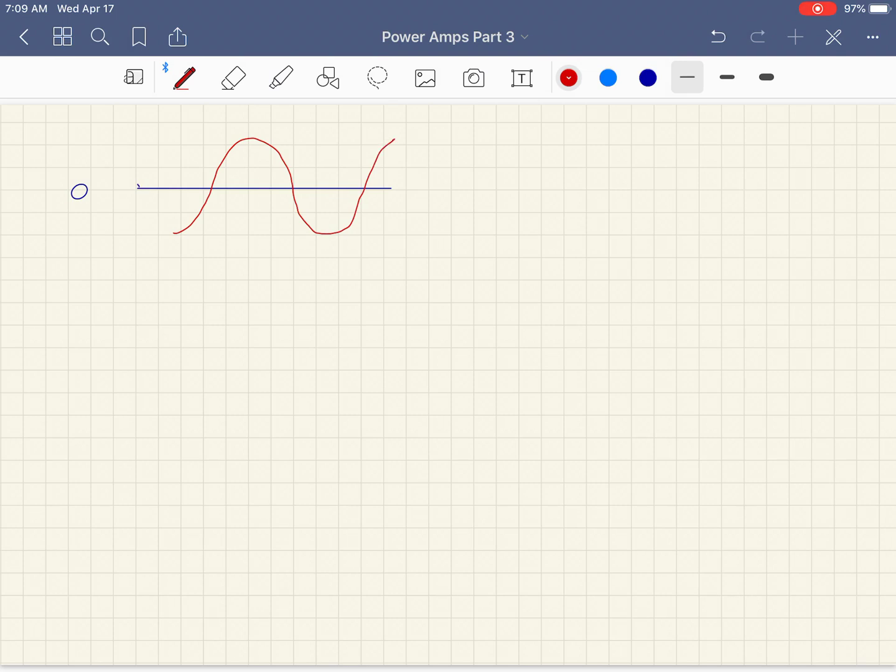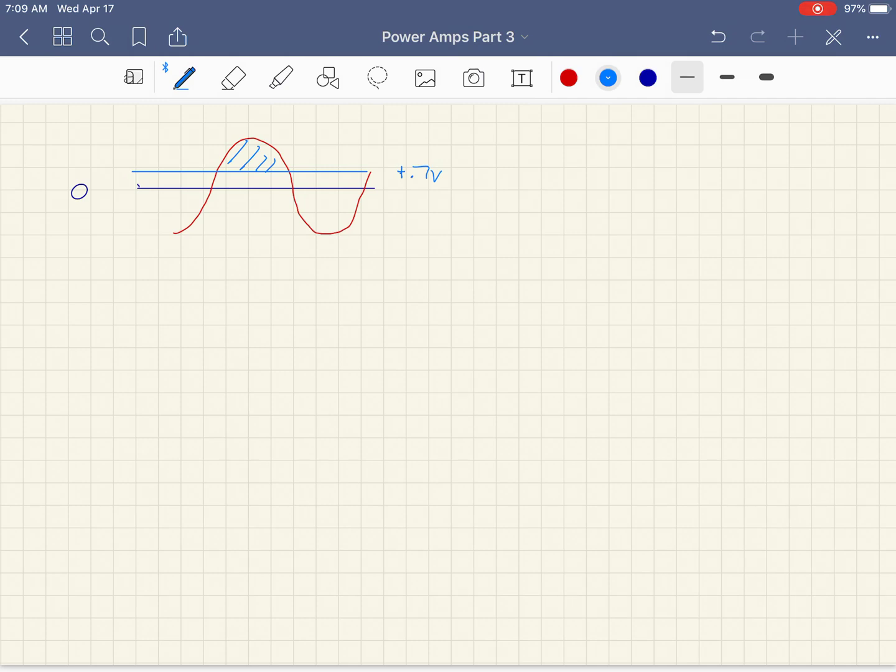Okay, so again, the circuit's only conducting for the positive half cycle. Let me draw another line here. I'll draw this in blue. You have to remember that the base to emitter junction has to be turned on. It has to be 0.7 volts for the transistor to turn on. It needs to be a positive 0.7 volts.